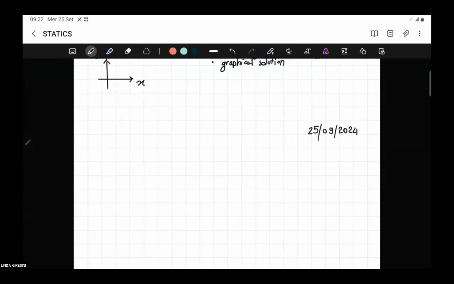We continue today with the equilibrium conditions. We continue with what we have analyzed yesterday.